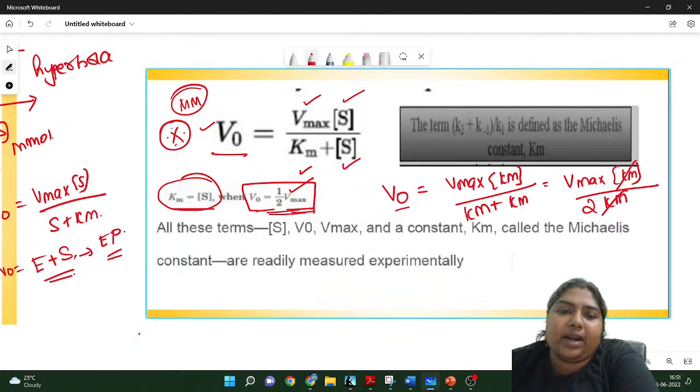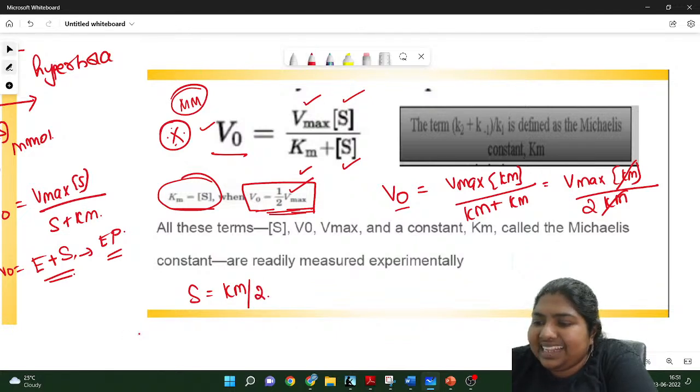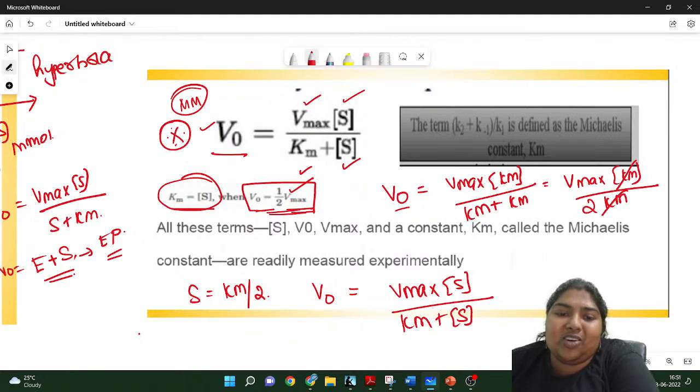So shall we try one more? Shall we check what will happen to my V if my S is equal to Km divided by 2? Everybody in the class, just check with me. In this formula, V naught is equal to V max into S divided by Km plus S. Now you are going to substitute S as Km by 2.